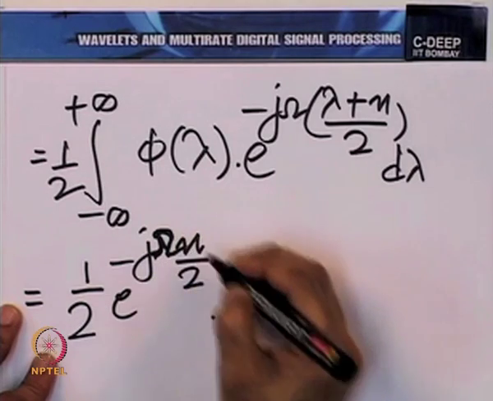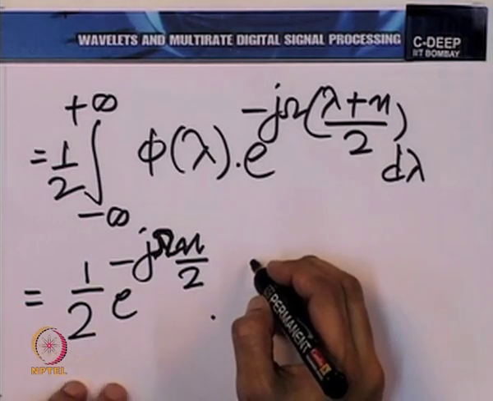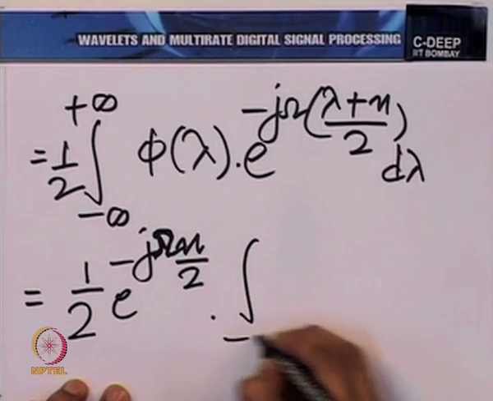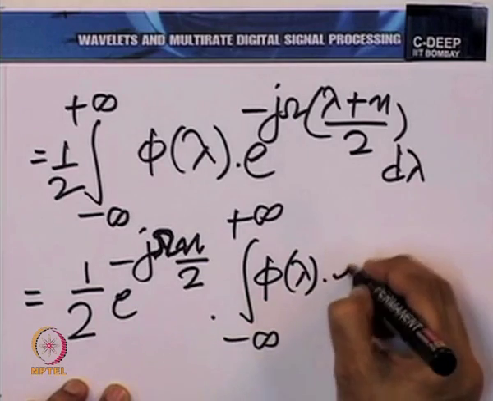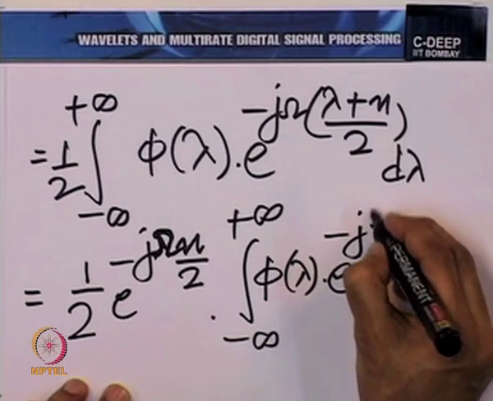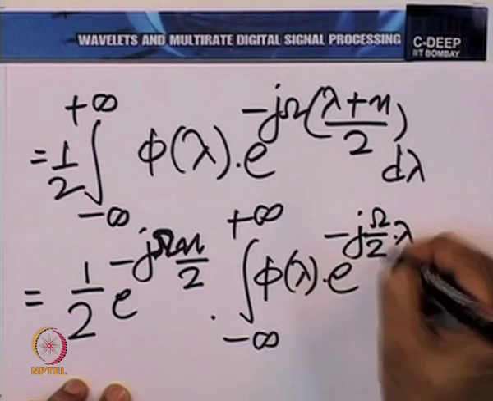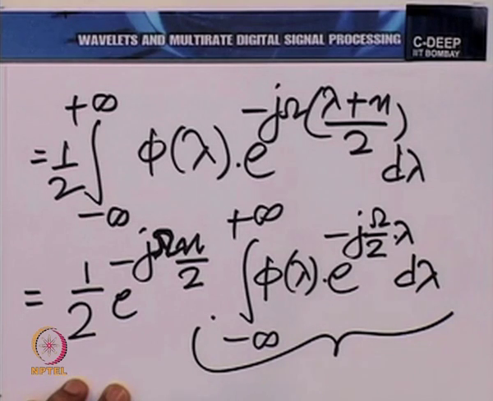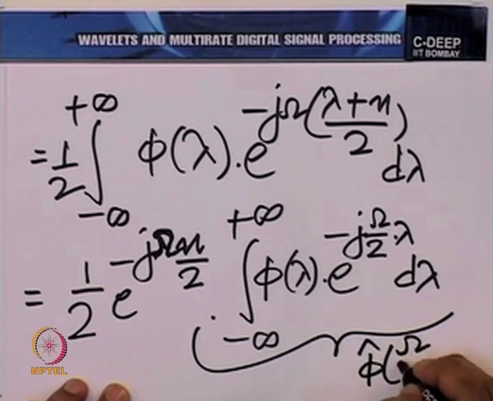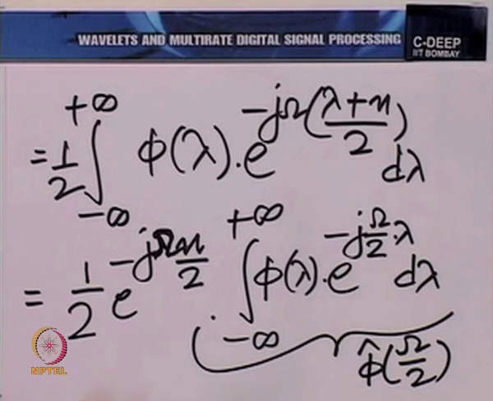So, this is e raised to the power minus j omega n by 2, and this is the integral from minus infinity to plus infinity phi of lambda e raised to the power minus j omega by 2 lambda d lambda. And this is familiar. This is essentially phi cap evaluated at omega by 2, as one can see. The Fourier transform evaluated at the point capital omega by 2.